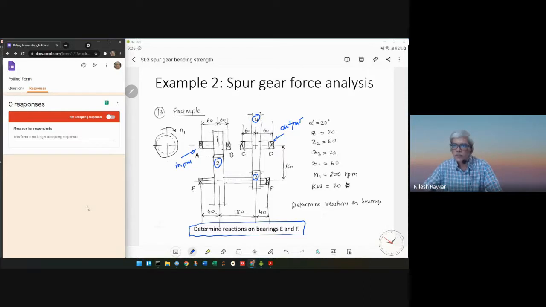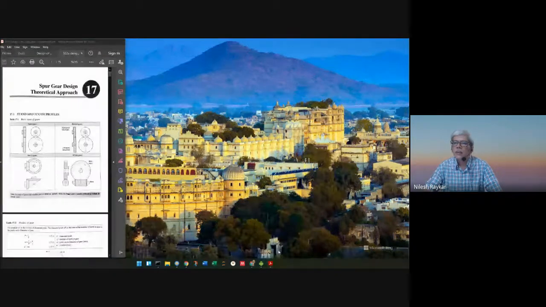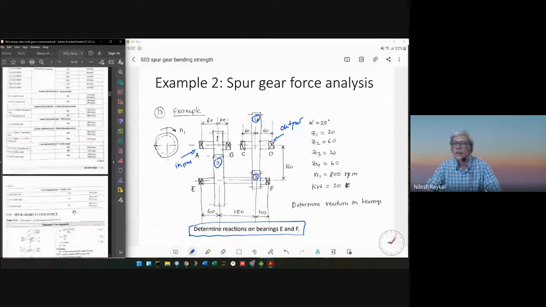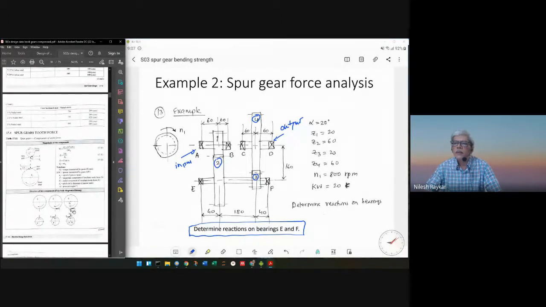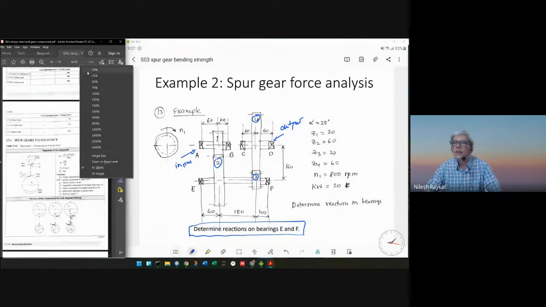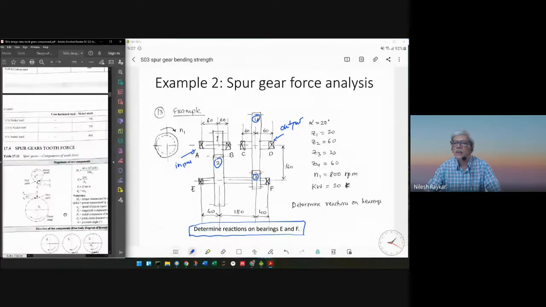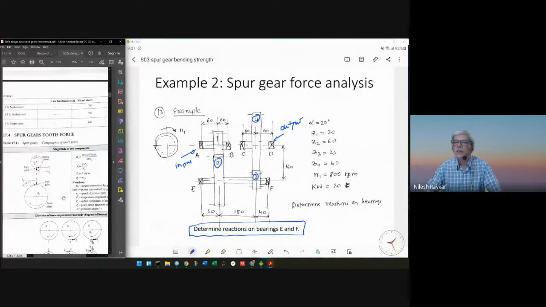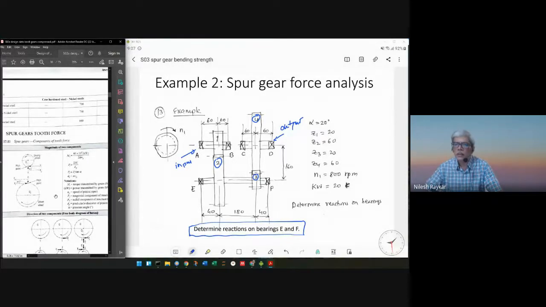Just to recap what formulae we require, let me take out the design data book. The formulae we require are here. We will be doing calculations based on the formulae which are visible here. Yes, these are the formulae we will be using to determine the values of PT and PR.